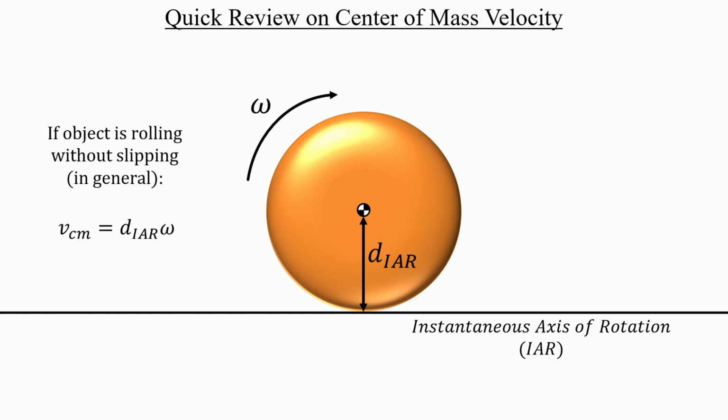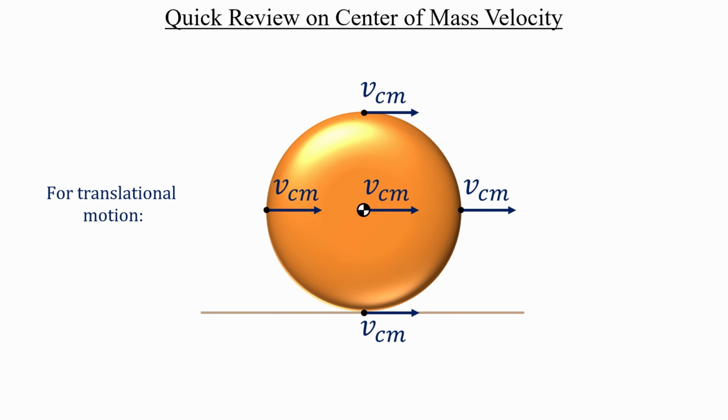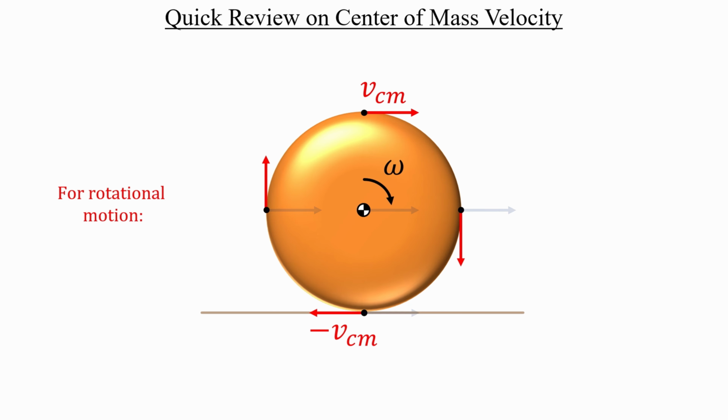In case you're wondering what this axis represents, here I've taken our ball and I've labeled 4 different points along the circumference. When the ball experiences purely translational motion, all of these points will have the exact same speed, as indicated by these blue vectors. For rotational motion, things are a little bit different, and the speeds of these points are now shown in red.